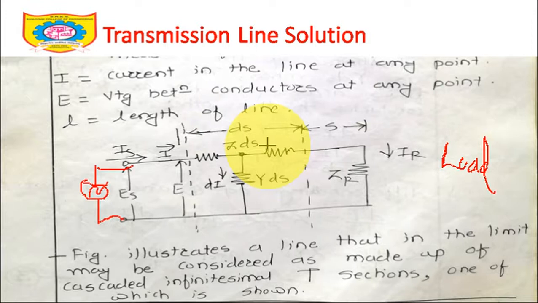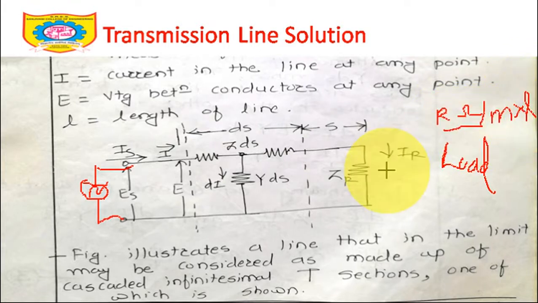Now for this length ds, if someone asks me what is the impedance associated, Z is equal to R plus j omega L. So Z into ds, this is the length, because everyone knows R is in terms of ohm per meter. So if someone asks me what is the resistance of the transmission line, I need to multiply it with the length. So I will get the total resistance. The length in meters cancels, and I get a resistance in ohm. Similarly, if I am talking about R plus j omega L, I need to multiply it with the length ds. So it will become Z ds.